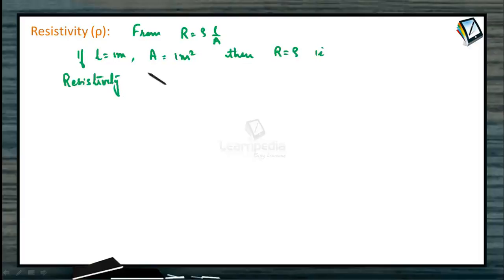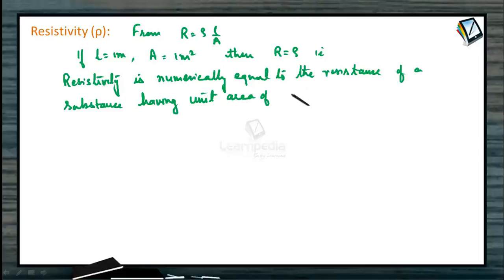That is, resistivity is numerically equal to the resistance of a substance having unit area of cross section and unit length. So when A is 1 meter square and L is 1 meter, R is equal to rho. Rho is called resistivity.